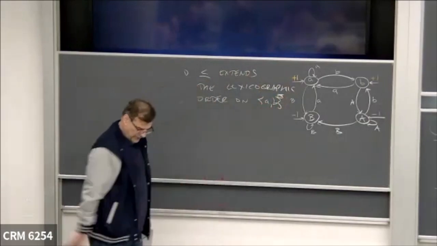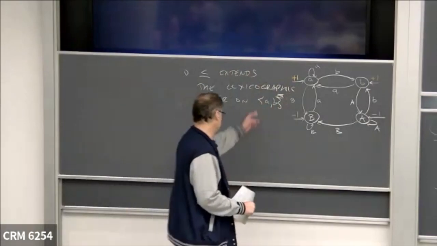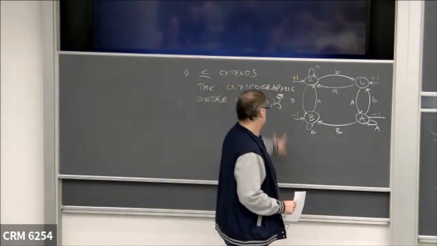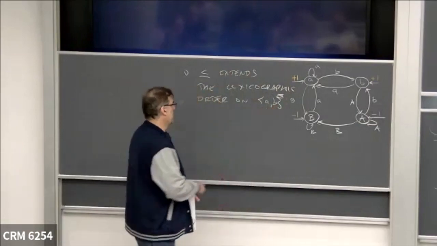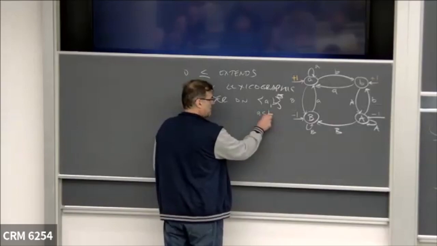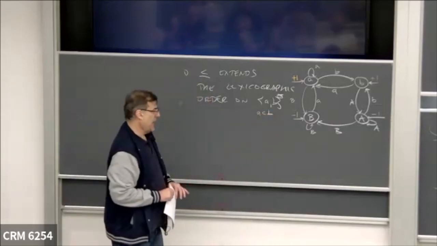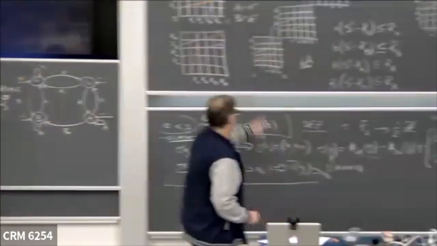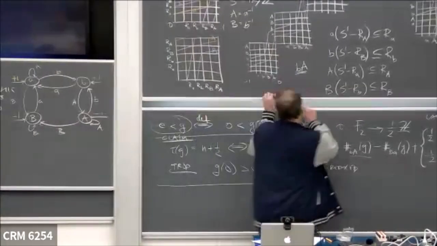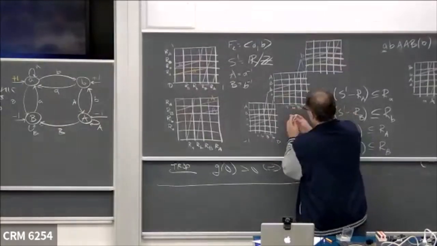If I only look at the positive words, words in little a and little b, the order that is induced on those is just the usual lexicographic order in which a is considered smaller than b. And you don't have to do any calculations actually to see that. It's obvious for dynamical reasons. Look what is happening.